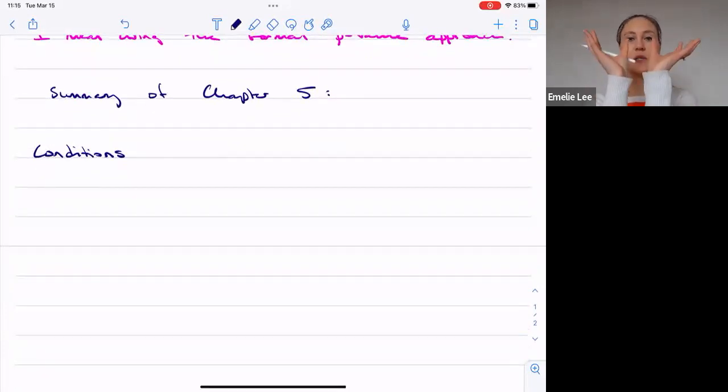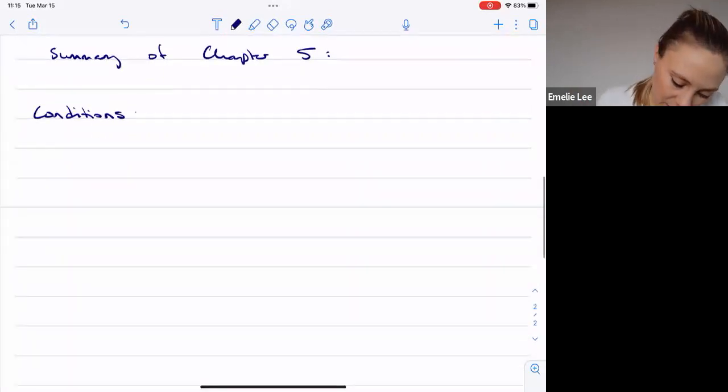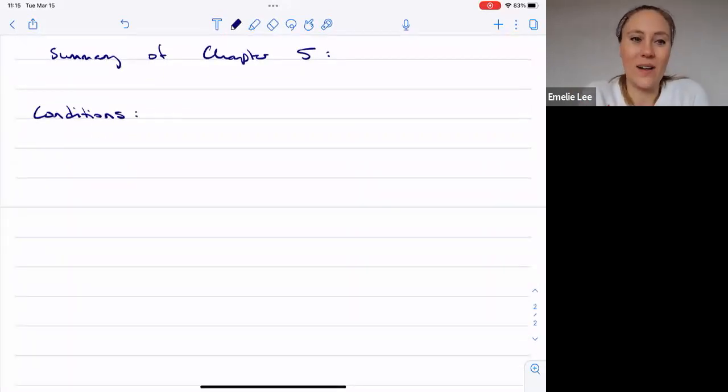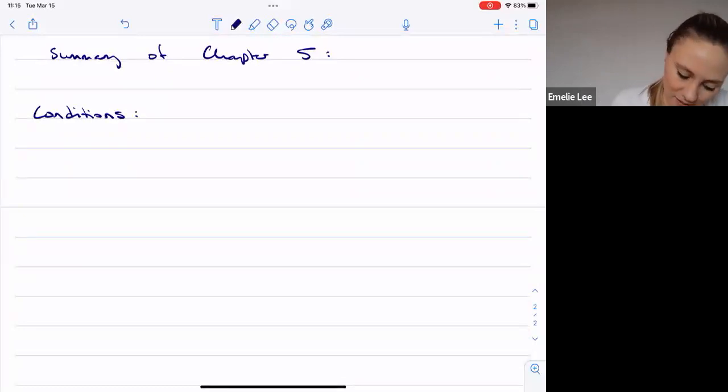And what I want to do is, if kind of space permits, I'm going to split it into a confidence interval and hypothesis testing, right? And so first, my conditions. Well, my first condition that I have to check is independence.